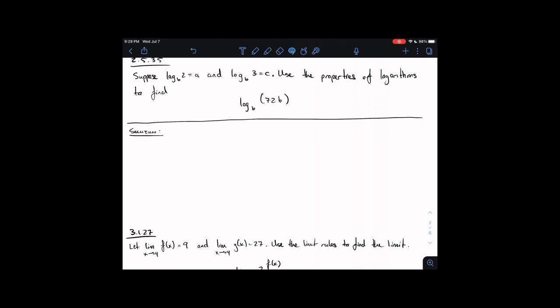I think I went over it last week too, is that these tables that contain the properties of limits or the properties of logarithms or the properties of exponential functions, these tables and these properties are something that you need to know really well, because you're going to be working with them all the time.